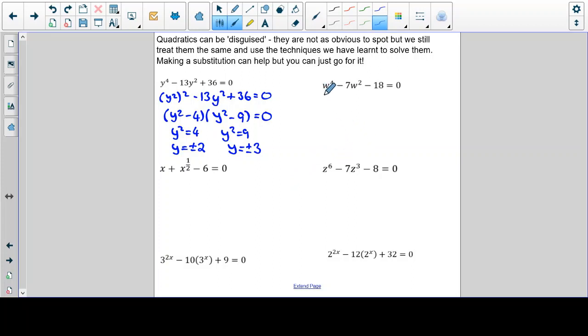This one's similar. It's a quadratic in w squared. Once again, it factorises quite nicely into w squared minus 9 and w squared plus 2.